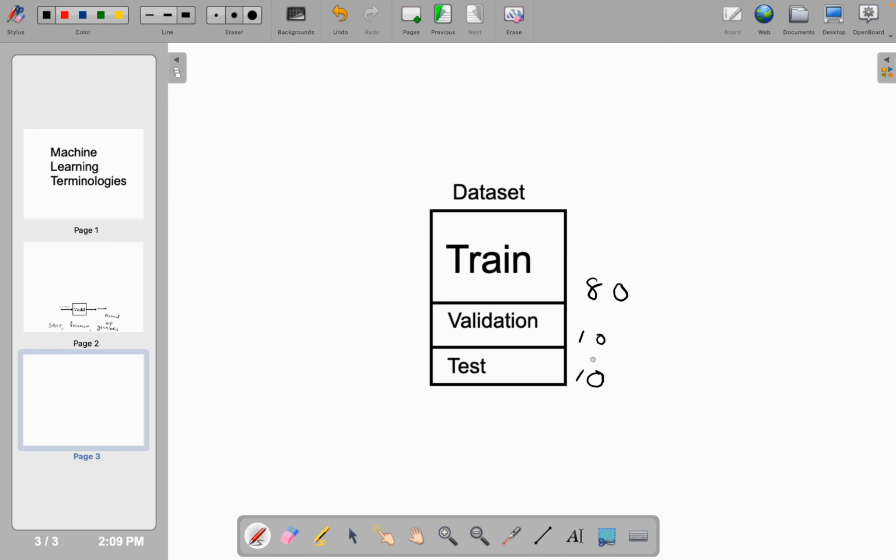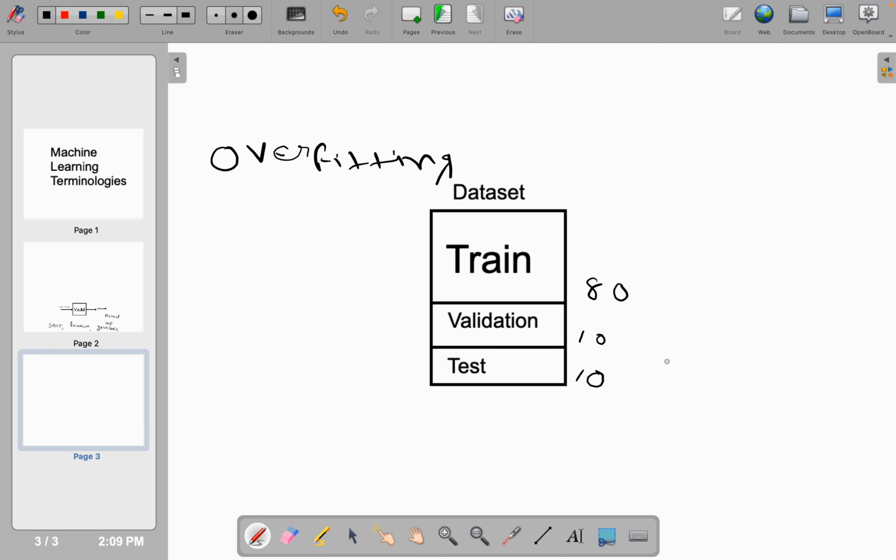Once we understand the data set, the next concept is overfitting, right? Overfitting is basically when the model performs exceptionally well on our training set, right? It is memorizing our training data set almost perfectly, but not generalizing, not learning the concept very well.